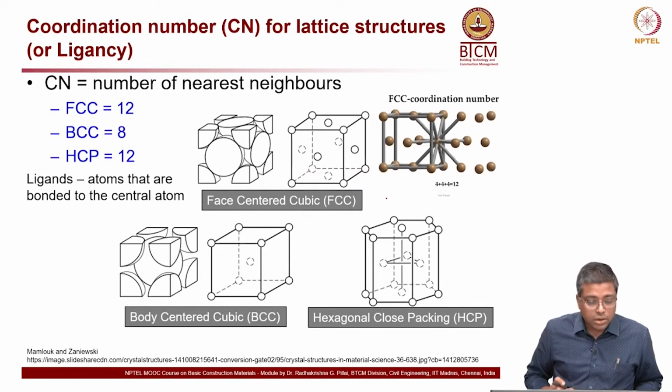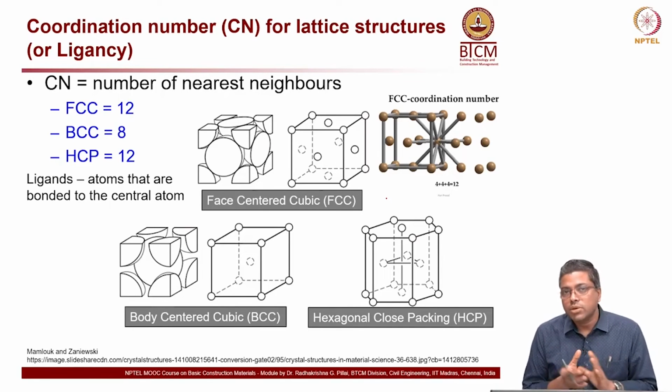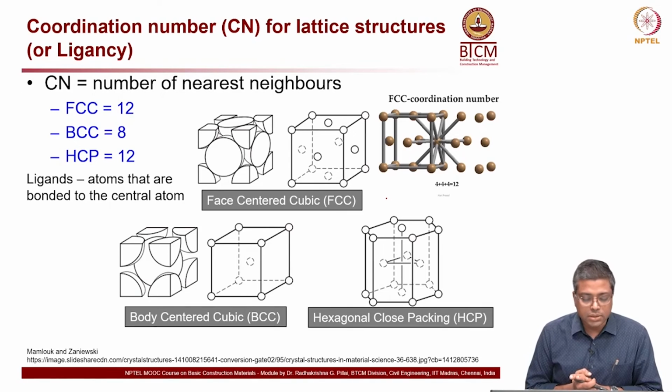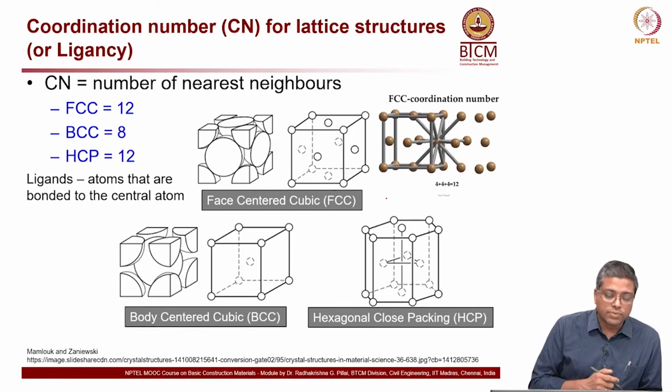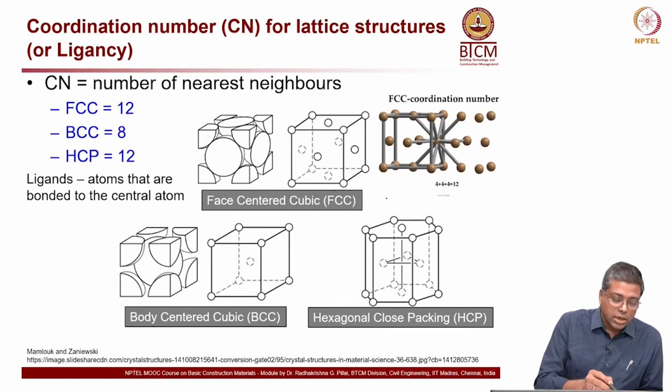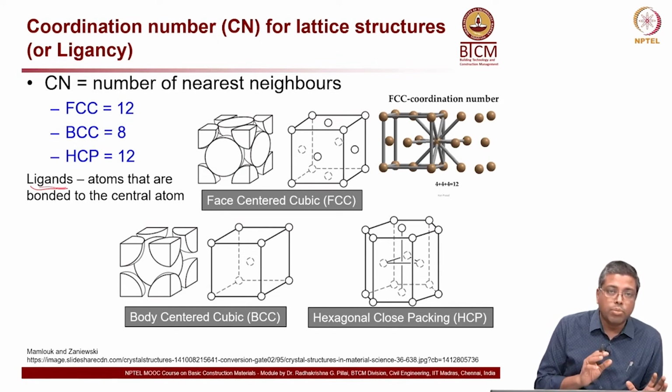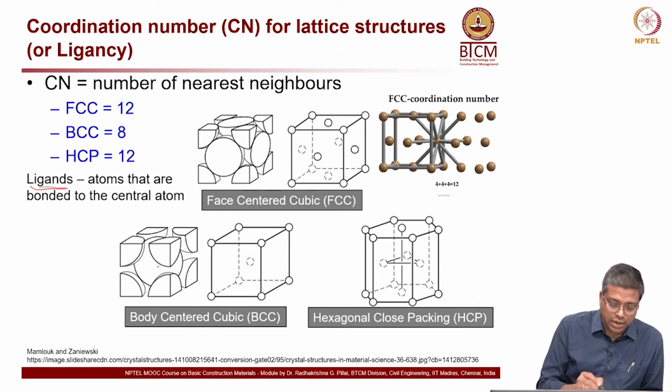So, next one. Now, there are two parameters which are very important when we talk about this lattice structure. One is coordination number and the other one is atomic packing efficiency, that we will talk about in the next slide. So, in this slide let us focus on coordination number. It is also known as ligancy, where ligands are atoms that are bonded to the central atom.